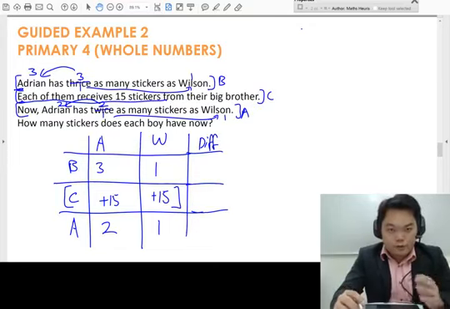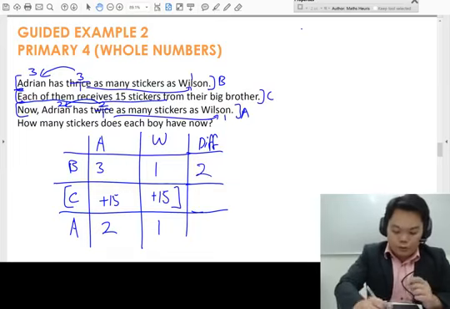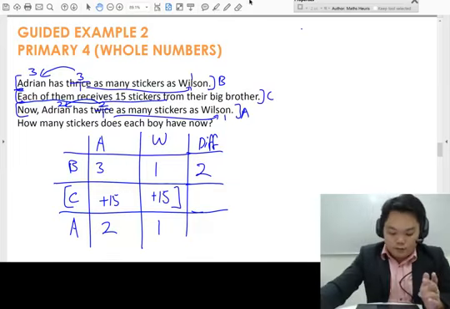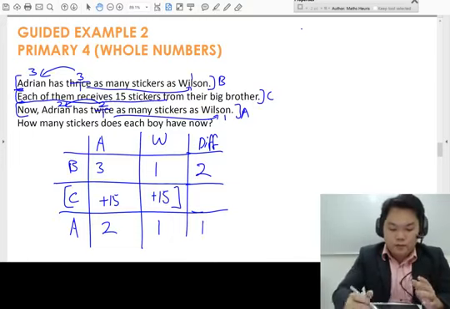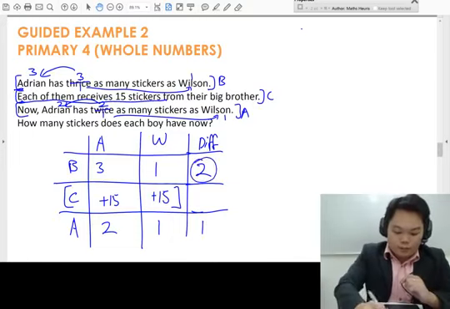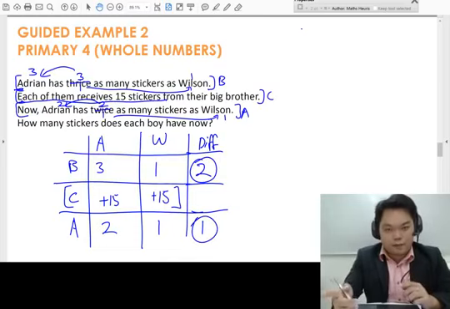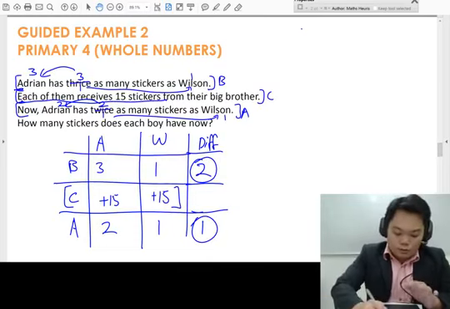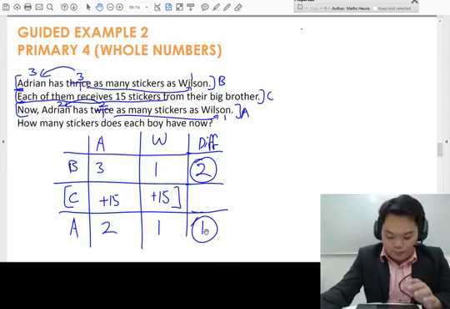So at first, 3 minus 1 will give us 2 units. After that, 2 minus 1 will give us 1 part. So we say that these 2 are equal. We want to make them the same. To make them the same, you'll hear me say this a lot in the future Facebook Lives.